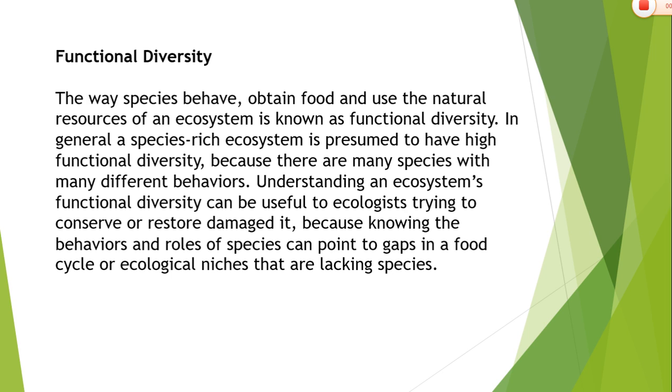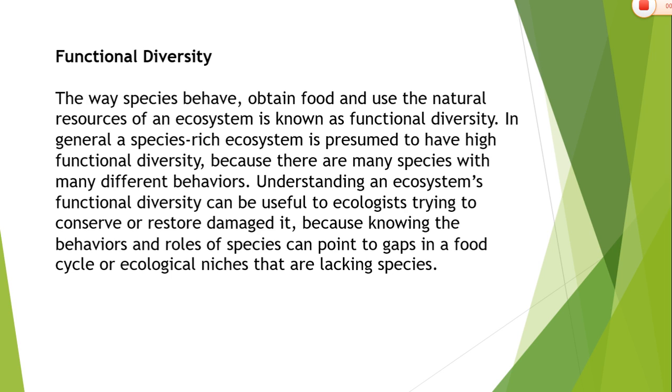The way species behave, obtain food, and use the natural resources of an ecosystem is known as functional diversity. In general, a species-rich ecosystem is presumed to have high functional diversity because there are many species with many different behaviors.